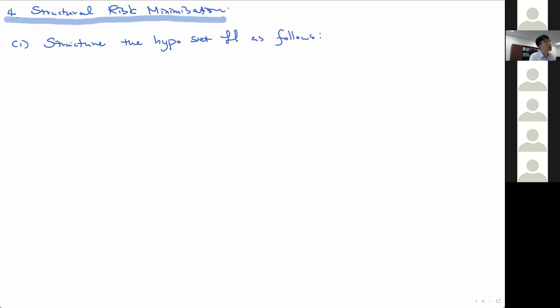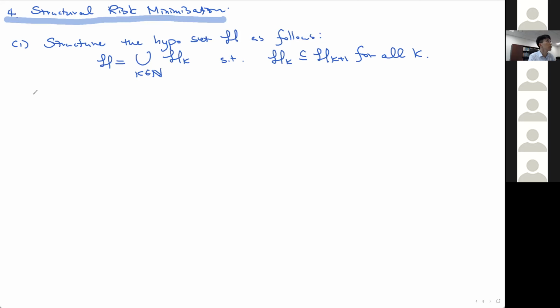So it's not a single hypothesis set, it's a bunch of hypothesis sets together, indexed by a number k, such that this hypothesis set grows. So if you increase k, our hypothesis set becomes more and more complex.